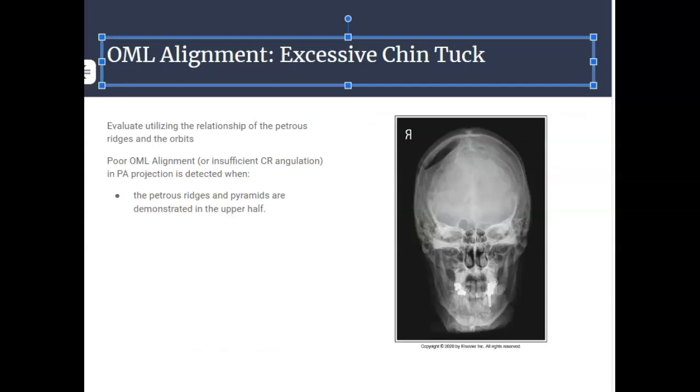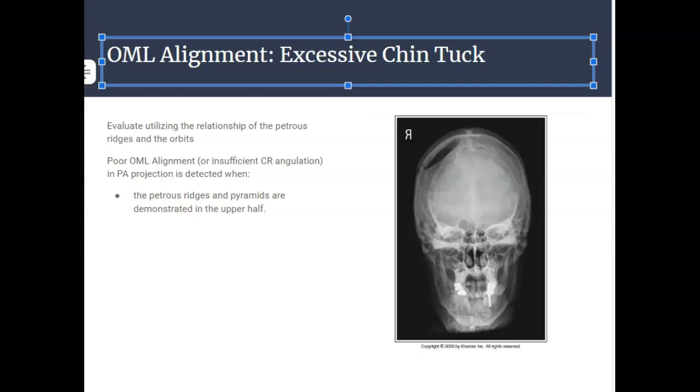So let's take a look at this PA projection with excessive chin tuck. Again, we're going to look at the petrous ridges and their relationship to the orbits. In this case, if there's poor OML alignment or there is insufficient central ray angulation, meaning less than 15-degree angulation, your petrous ridges and pyramids will be demonstrated in the upper half of the orbit.